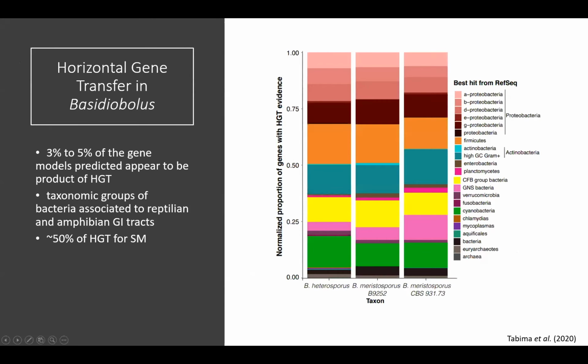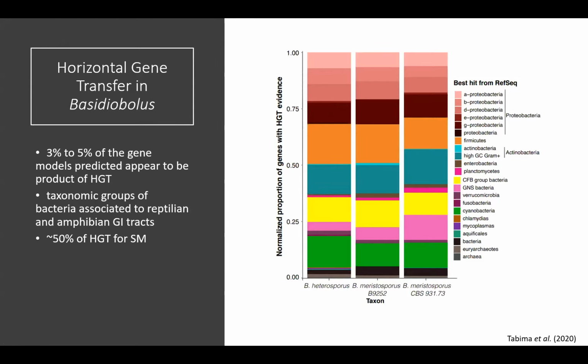So, as I mentioned previously, Basidiobolus has a lot of horizontal gene transfer from bacteria, and this is one of the ways that we can biologically inform what makes a good candidate. So approximately 3 to 5% of all of the predicted gene models for this species are a product of horizontal gene transfer. And as you can see, there's a diversity of taxonomic groups that contribute to these horizontally transferred genes. And most of those taxa are associated with amphibian and GI tracts.